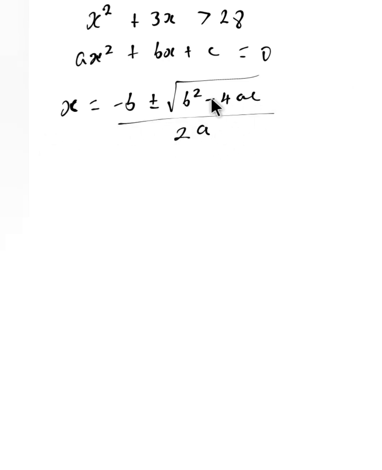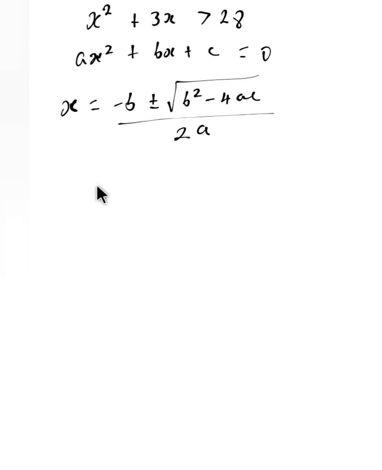So we'll make use of this formula to solve this question. But take note that this question is not rearranged. We need this constant c to be on the left-hand side of the equation, not the right-hand side.